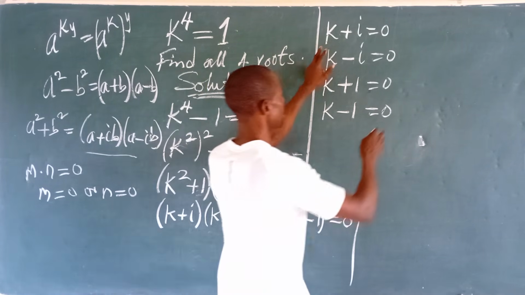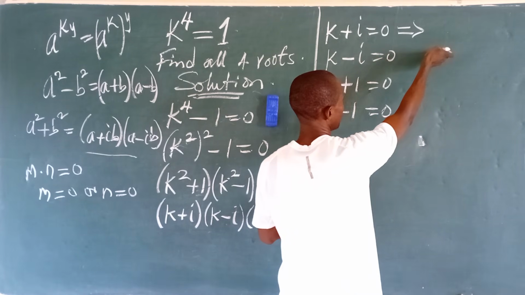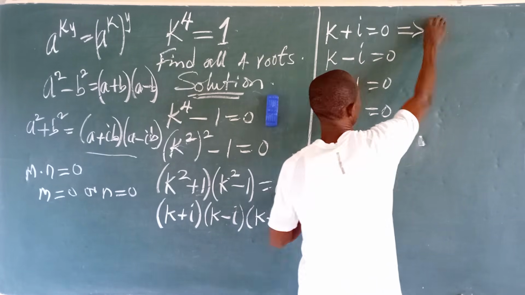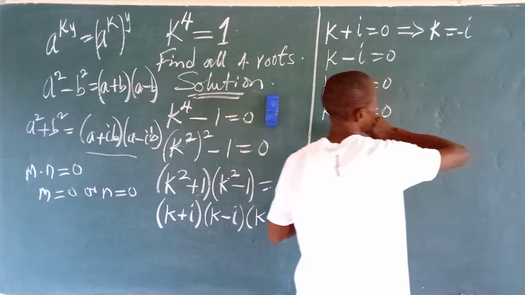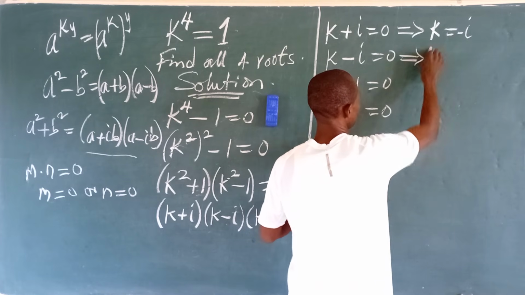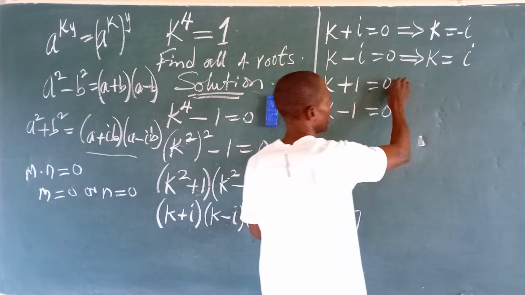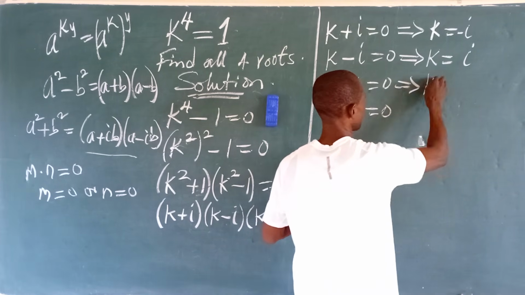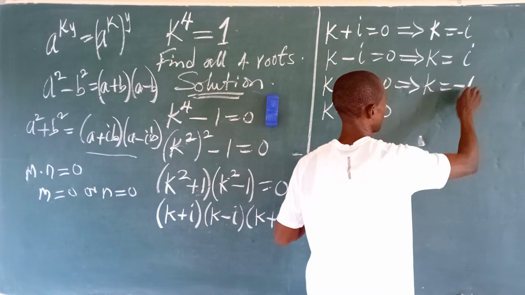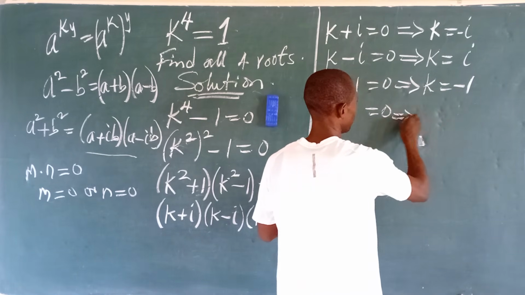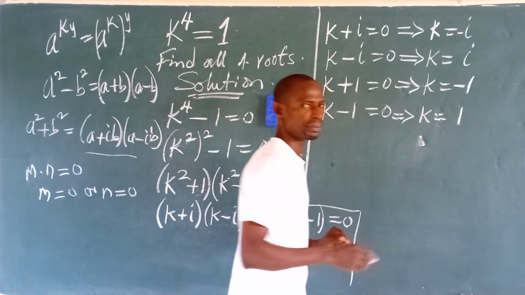So if we look at this, we can move iota to the other side to give us k is equal to negative iota. And if we do the same thing, we're going to have k is equal to positive iota. And for this, we're going to have k is equal to negative 1. And if we do the same thing here, we're going to have k is equal to positive 1.